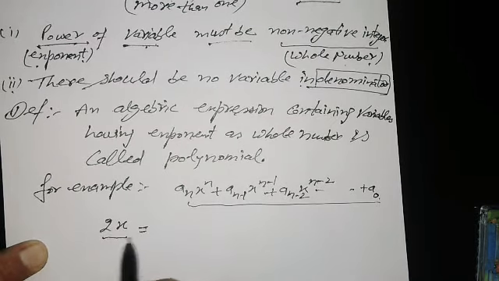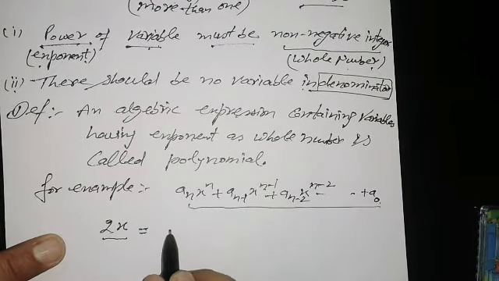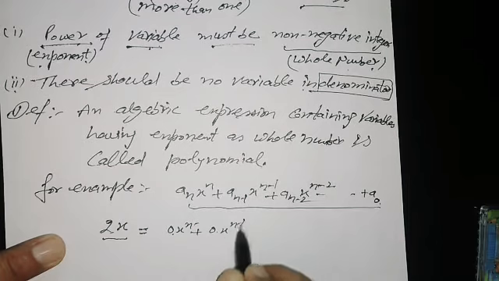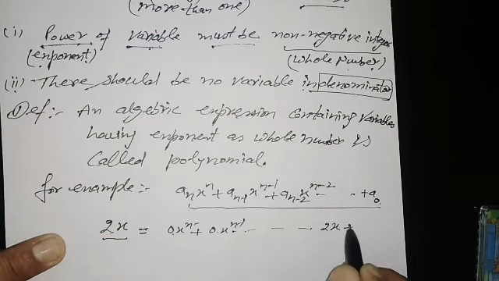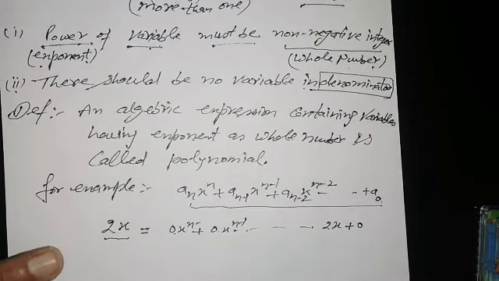How? As you know, it has just one term, but you can make more than one term. How? 0 times x^n, 0 into x^(n-1), and so on, 2 into x^1, and last only 0.